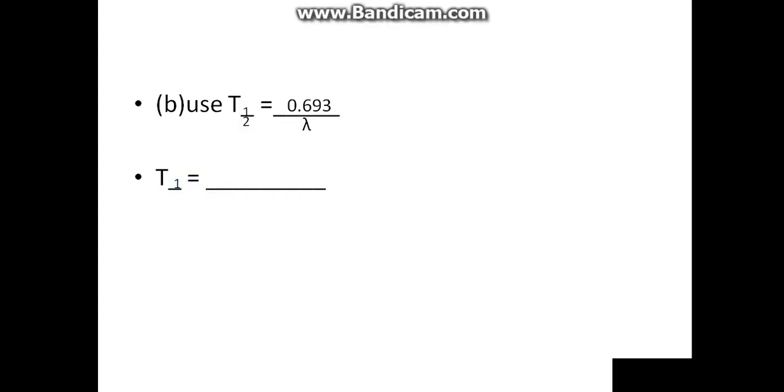T half is equal to 0.693 over 0.04795 per day, which gives us 14.5 days.